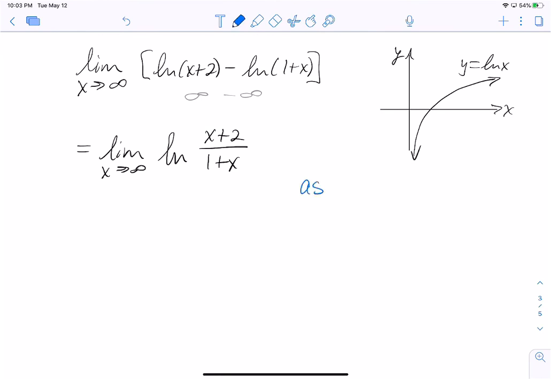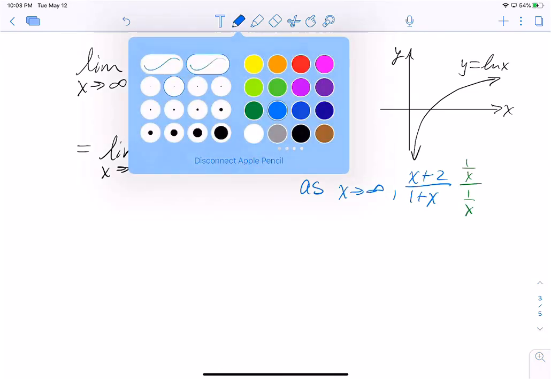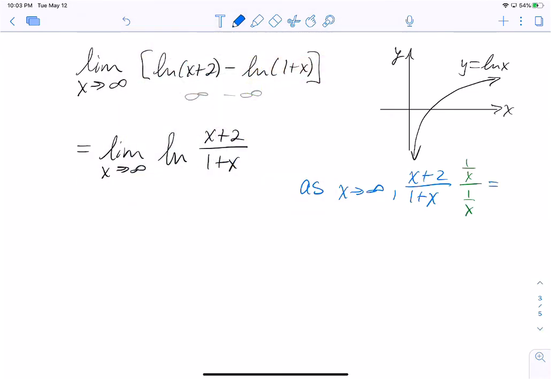Now you may recall from an earlier chapter in first semester calculus, as x approaches infinity, x plus 2 over 1 plus x, well, to compute that, we can divide out the largest power of x that appears in the denominator, and we end up with 1 plus 2 over x divided by 1 over x plus 1.